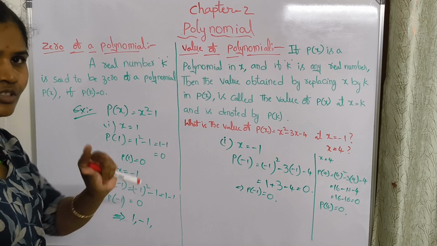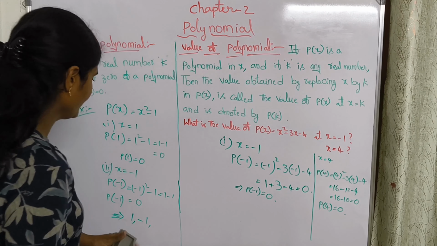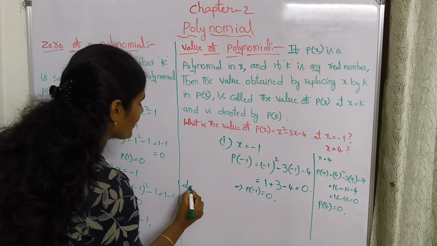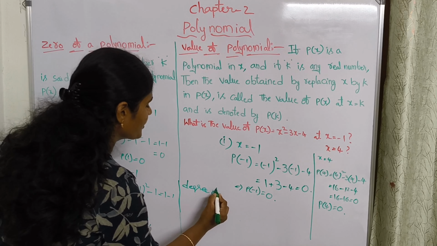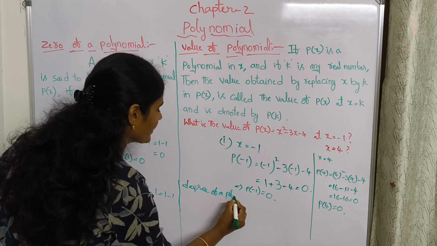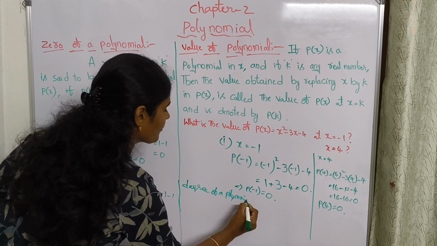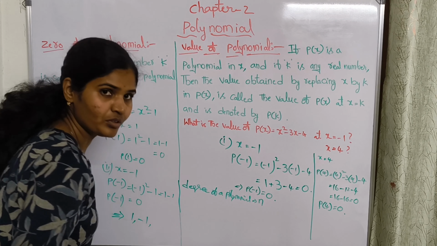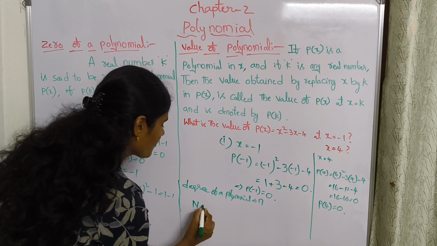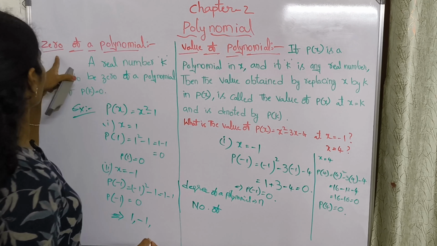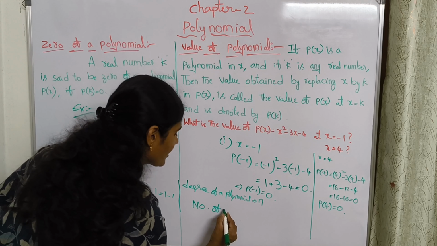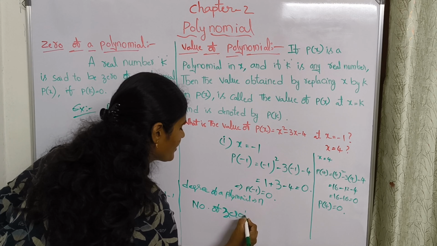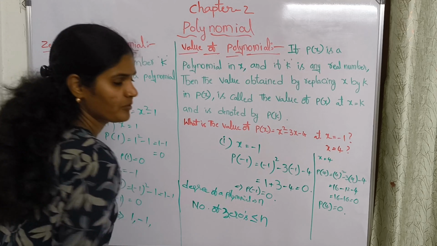In this also one statement. Based on this, we have one concept. Degree of a polynomial. For example, degree of a polynomial equal to n. So here the number of zeros of a polynomial is less than or equal to n.